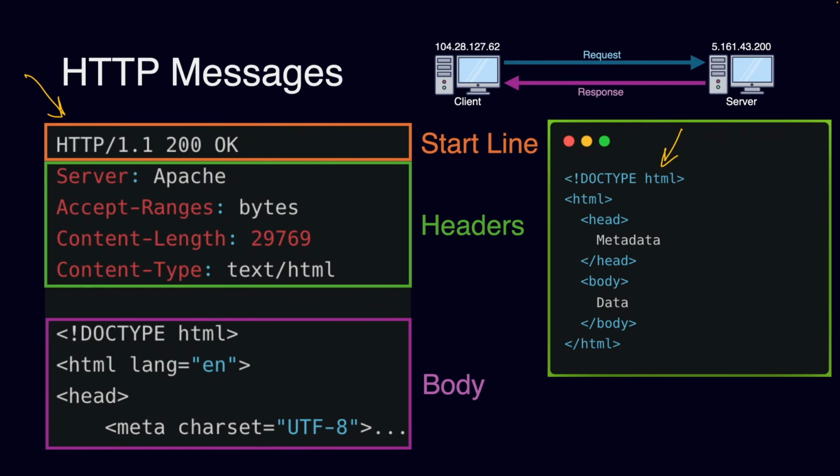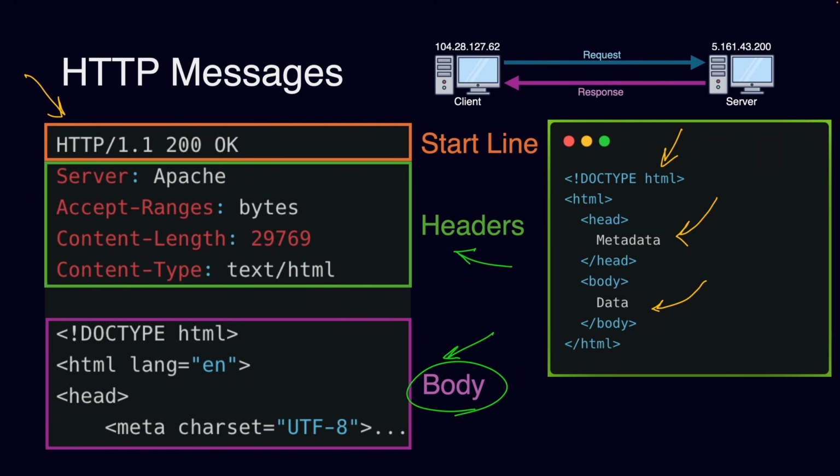On the HTML, we had two sections, the head for the metadata, information about our page, and the body part, which holds the content of our web page. And we have the same patterns in HTTP messages. We have the body, which holds the data in this message, and we have the headers, which has the metadata, the information about the data that is inside the body.